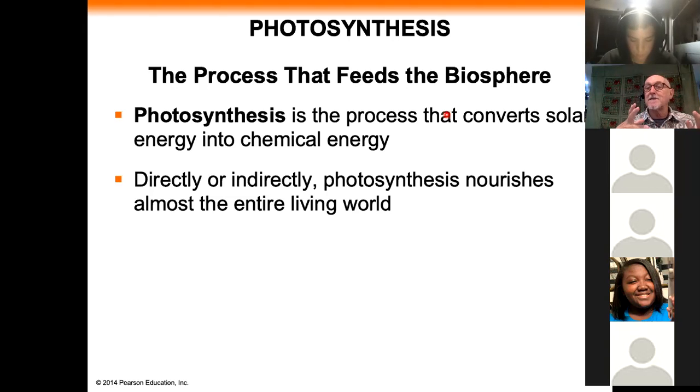We can eat plants, or we can eat things that have already eaten plants. But what we're actually doing is accessing the molecules and the energy which plants have put into those biological molecules. So these processes of autotrophy, self-feeding, like photosynthesis, actually feed all of us.